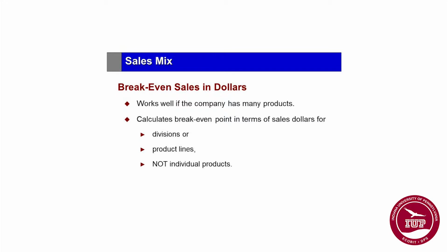Now, when we compute the break-even sales in dollars for multiple products, we will modify the existing formula for a single product, that is fixed cost divided by contribution margin ratio, to fixed cost divided by weighted contribution margin ratio. And I'll show you how to compute a weighted contribution margin ratio to get the break-even dollars in sales.